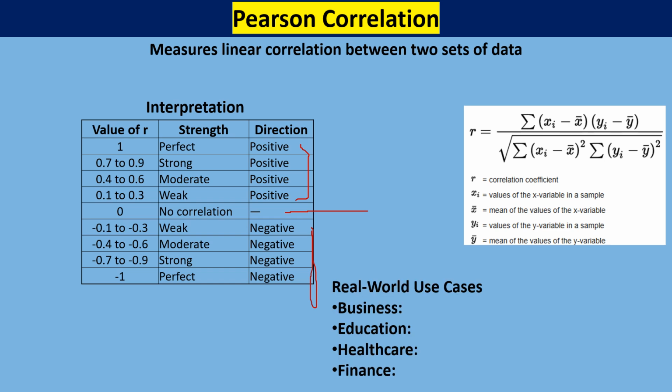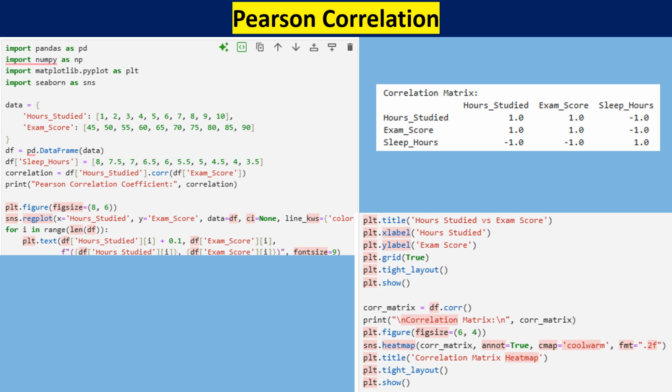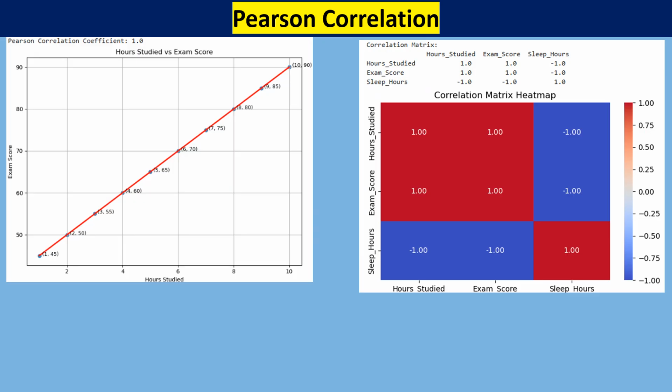Real use cases: in business, marketing spend versus sales; in education, study hours versus academic performance; in healthcare, blood pressure versus age; and in finance, income versus expenditure. This one is in Python, and we have it over study hours and exam scores, and these are the results.